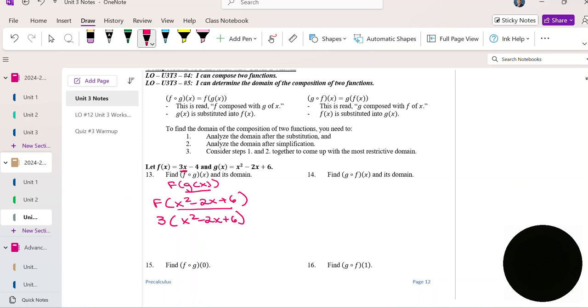It tells me whatever x is, I put it right there, and then minus 4. So when I combine like terms, I get 3x squared minus 6x plus 14. The domain of f of g of x, in this case, would be all real numbers, because it's all real numbers for f, g, and the composition.